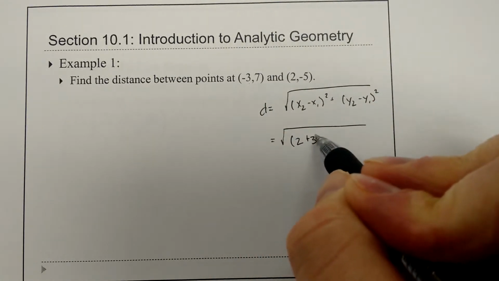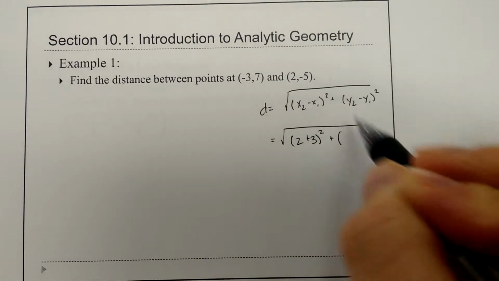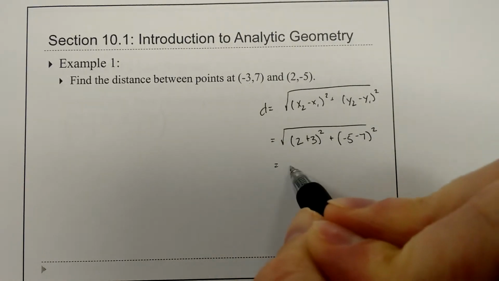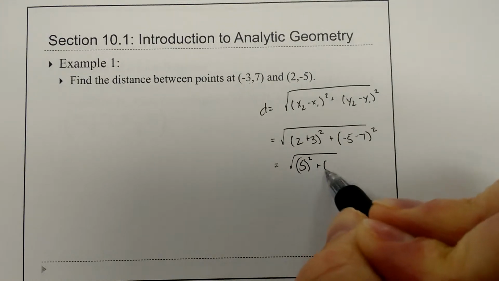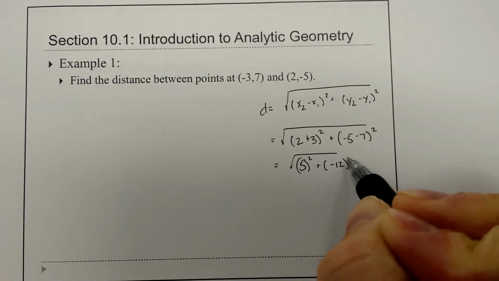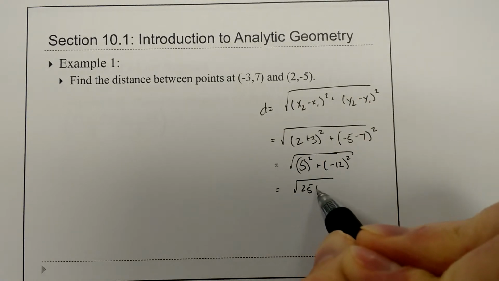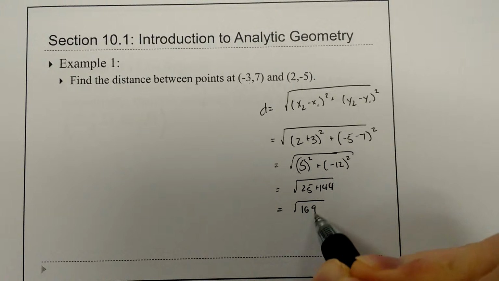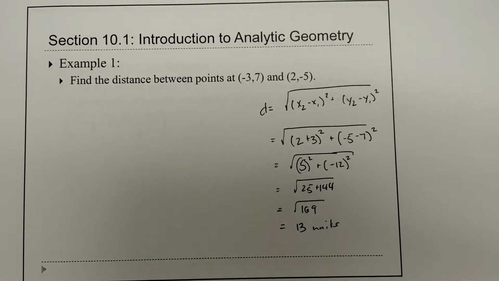So that's 2 plus 3 squared plus the quantity y2, which is negative 5, minus 7 squared. So that's 5 squared plus negative 12 squared. 25 plus 144, 169. So they are 13 units apart.